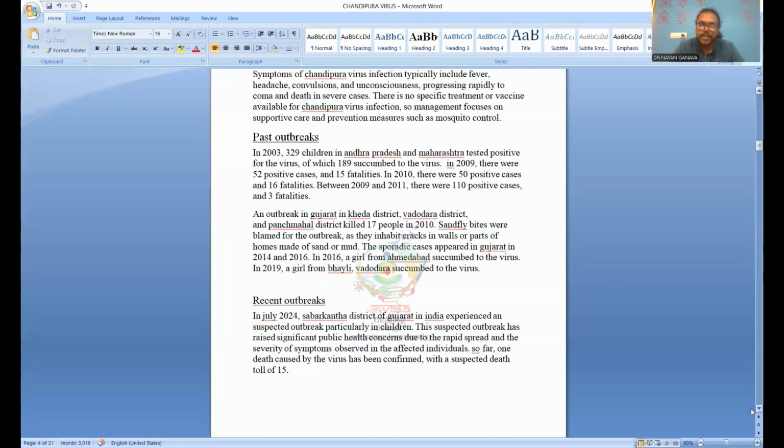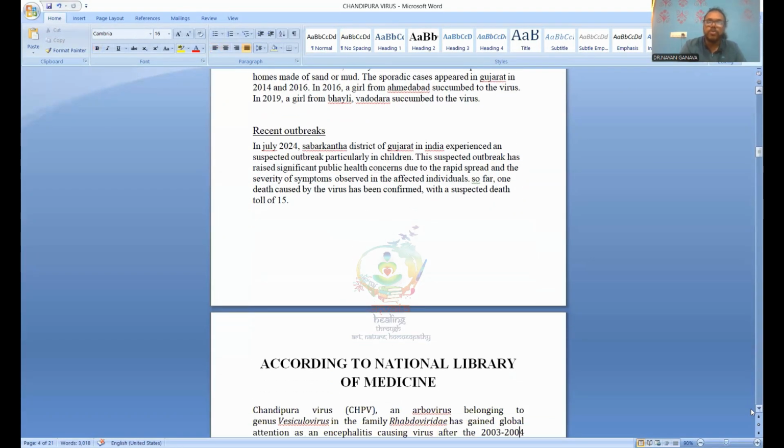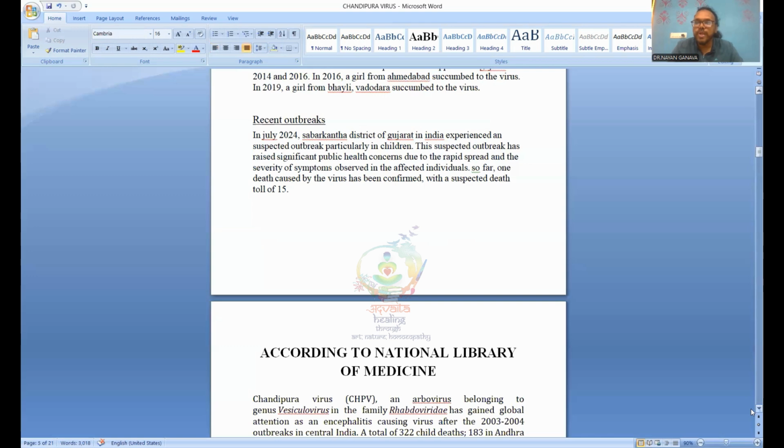In 2019, a girl from Baili, Baroda, succumbed to the virus. Now, if we talk about the recent outbreak, in July 2024, Sabarkantha district of Gujarat in India experienced a suspected outbreak, particularly in children.